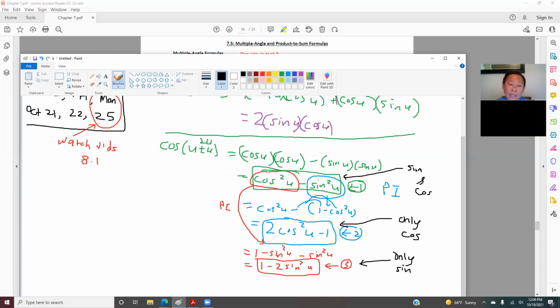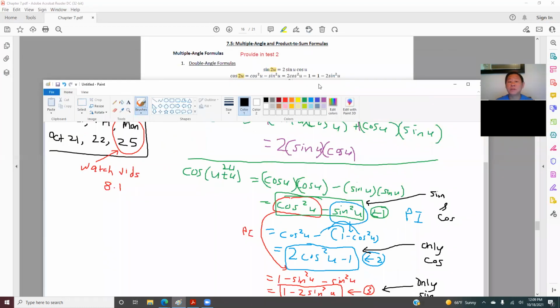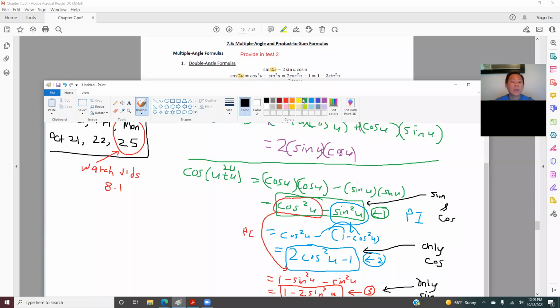So this is how we figure out which one to use. If you have both cosine and sine, use the first one. If you have everything in terms of cosine, use the second formula. The third one is used if you try to prove everything in terms of sine. So make sure you know which one to use. Anyone have any questions so far with the double angle formula here?